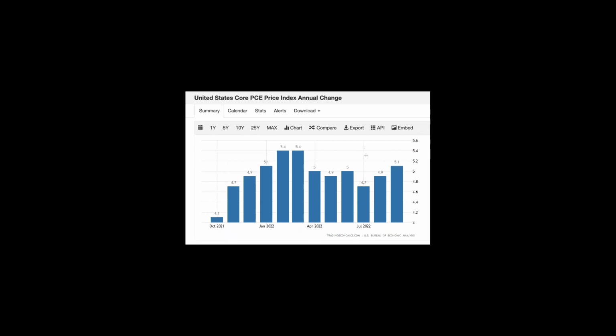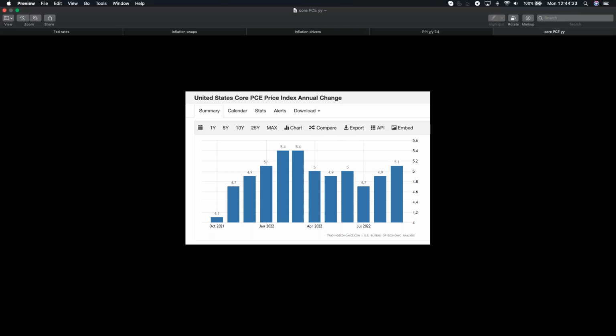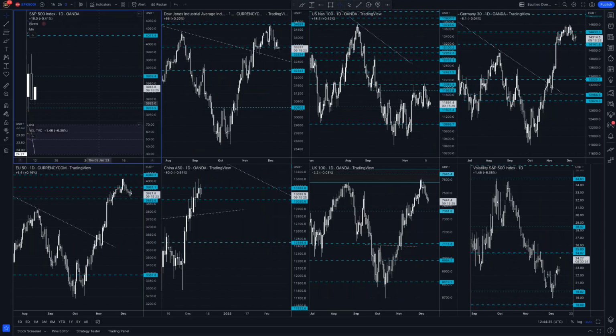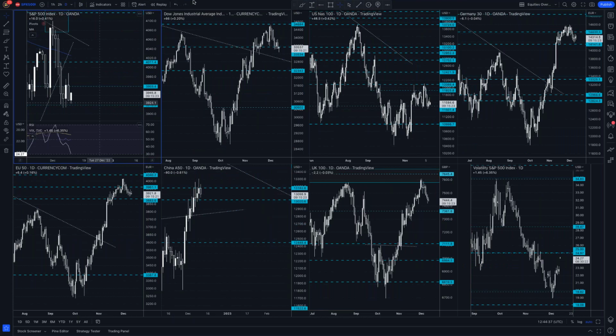And we see that the core PCE print that we had the week before is still fairly robust, above 5%. All of that means that inflation hasn't necessarily crashed, even though it is still falling. So what all of that means is that the outlook from the Federal Reserve may have to be more aggressive.